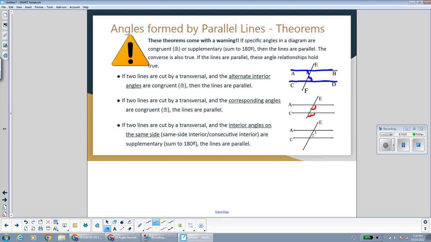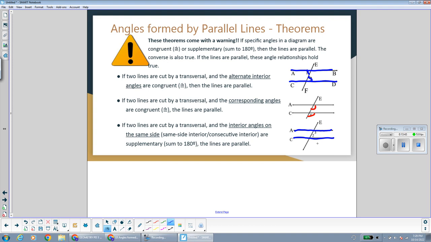And finally, if two lines are cut by a transversal and the same side interior angles are supplementary, that makes the lines parallel. So here, angles 3 and 2 are same side interior angles. They're both on the same side of the transversal inside the lines.